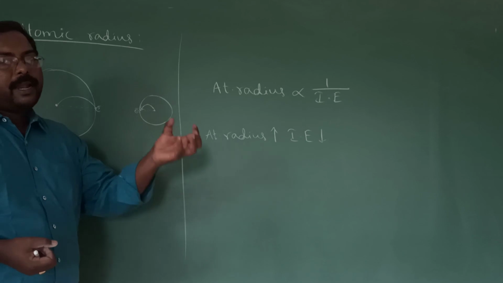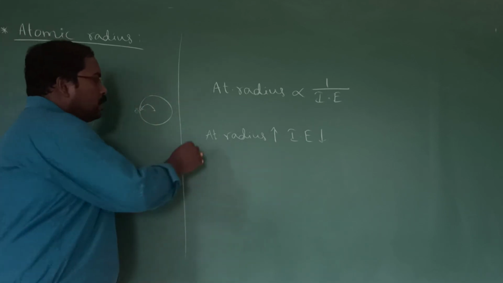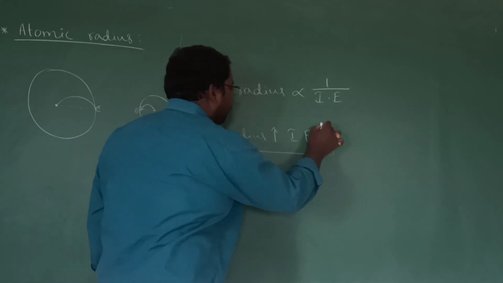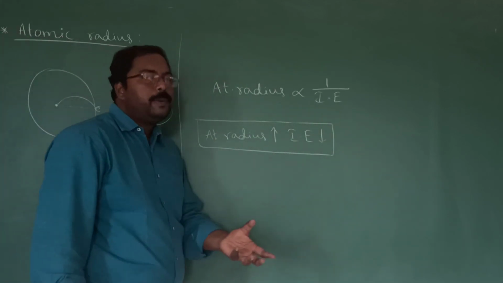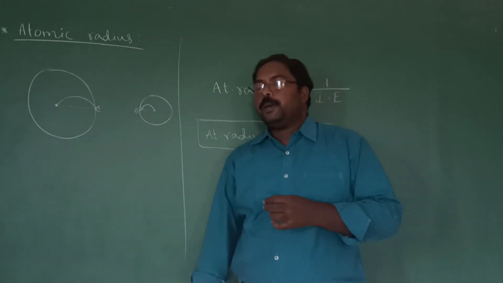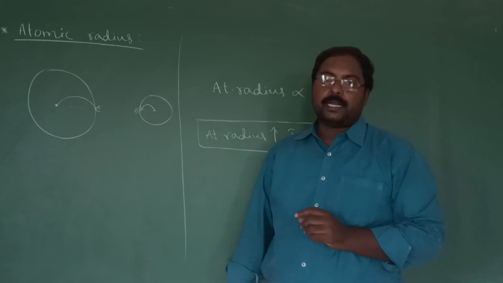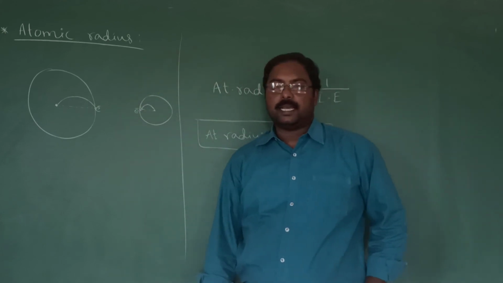Means by applying less amount of energy only, we can remove the electron. So remember this point. Smaller the size, more will be the ionization energy. Now about the other factors which affect ionization energy, let us discuss in the next class. Thank you.